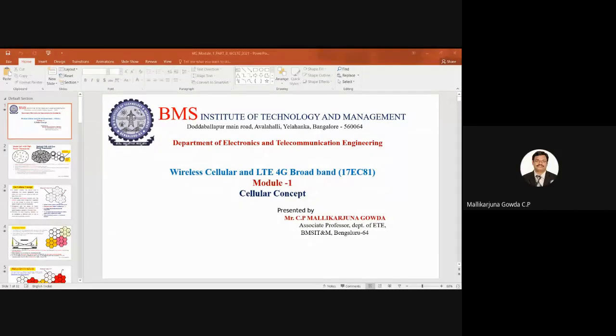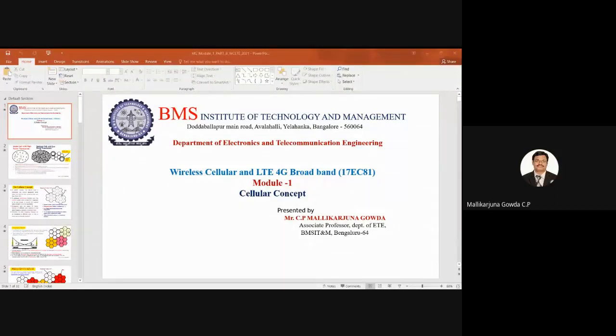Why do we select OFDM? Why has OFDM been selected for LTE? High data rate, sir. The symbol time is shorter, that's why high data rate.